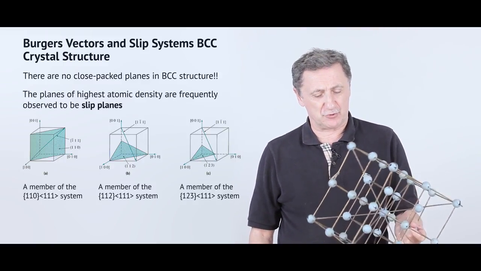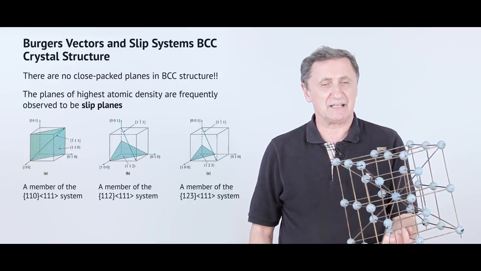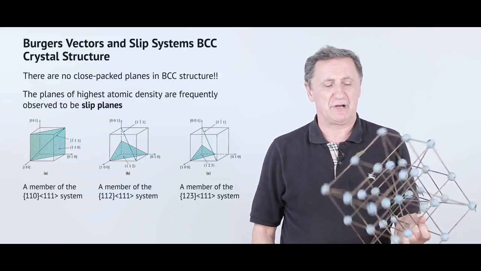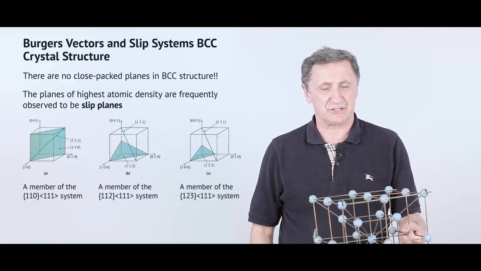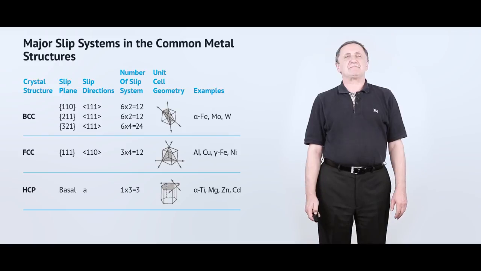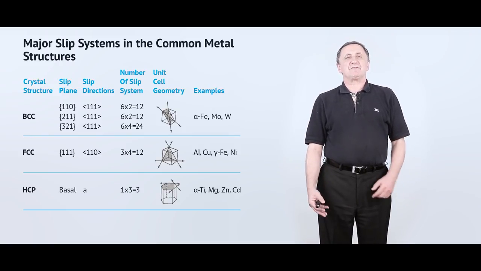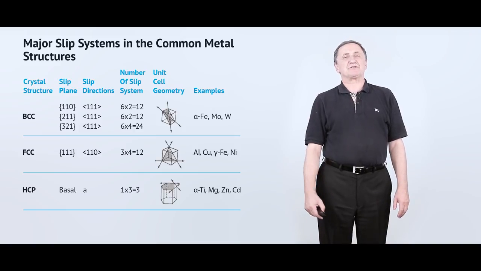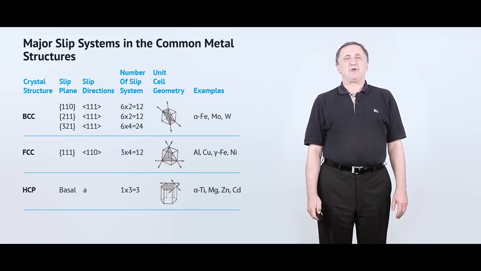And for sure, if we expect some slip in this system, slip should occur along these planes and directions with the highest atomic density. So this table, in some sense, summarizes our conclusion, and based on this conclusion, we can make some predictions on the mechanical properties of our material.